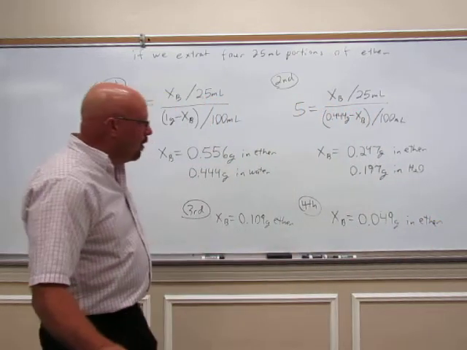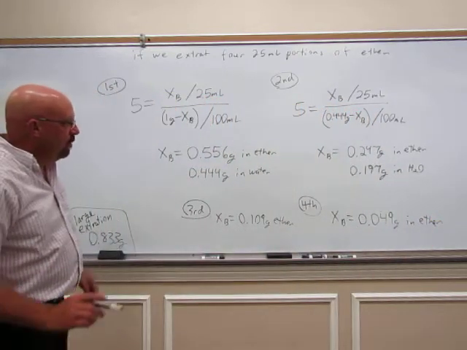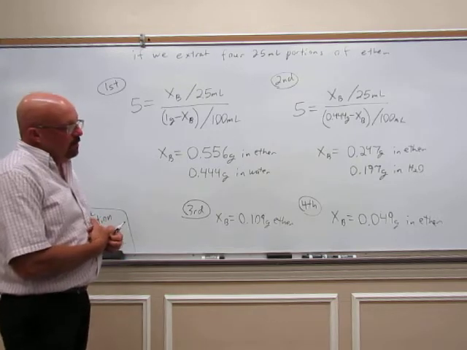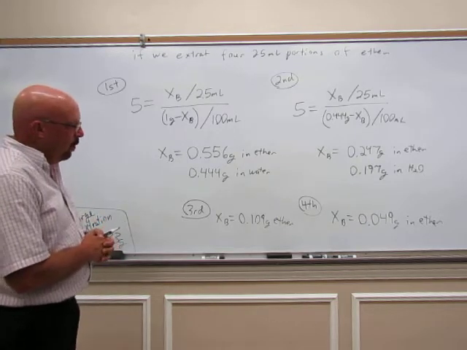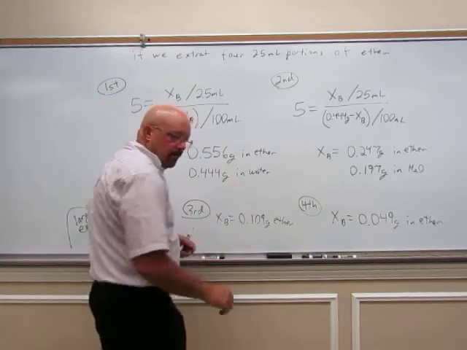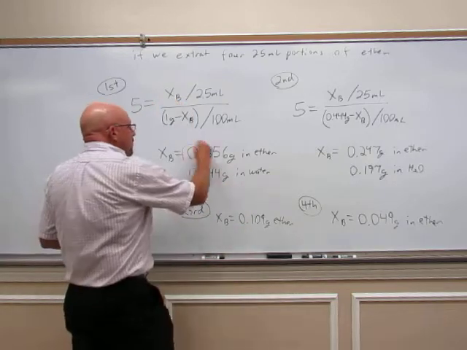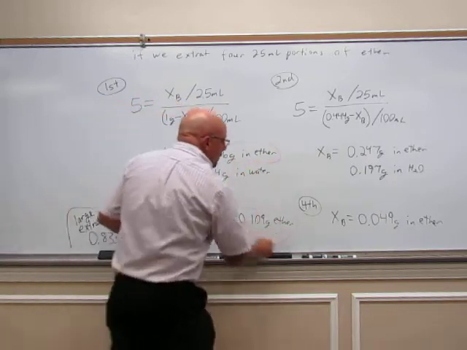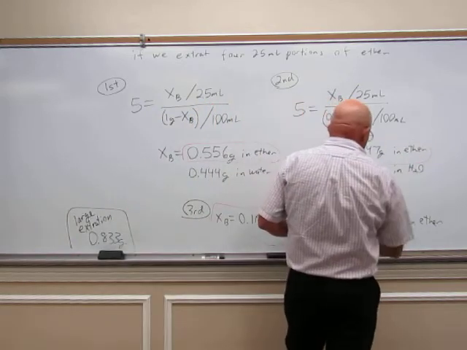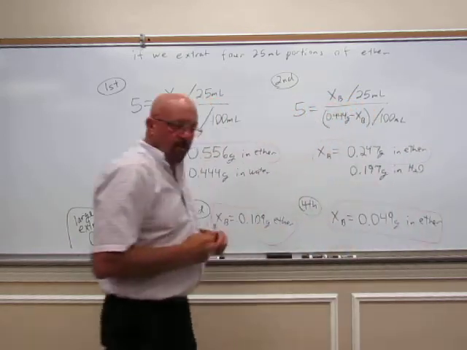Okay, so there's the 4 extractions. How much was removed with the ether with 4 extractions. Now let's total these up. So this is our ether. Let's total all of these up, all 4 of those, and see what we get.